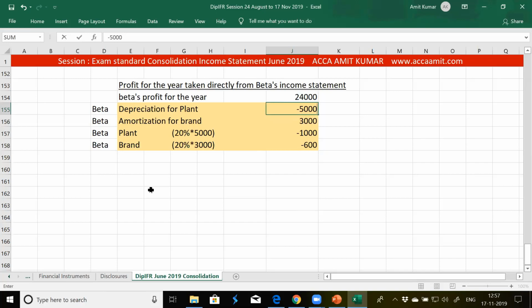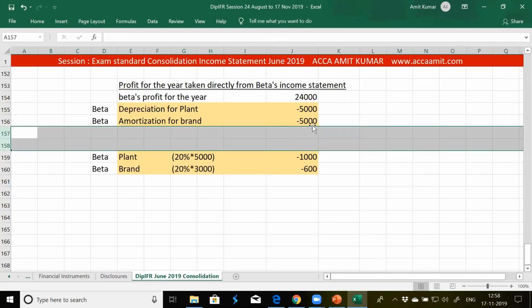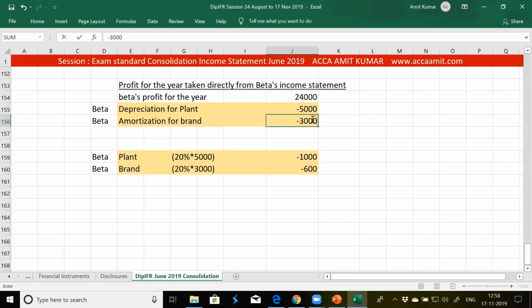In which minus 5,000 for depreciation, minus 5,000 for amortization, minus 1,000 for... what will be the impact of income tax? Earnings, according to you, 24,000 minus 5... According to you, the earnings are 16,000.